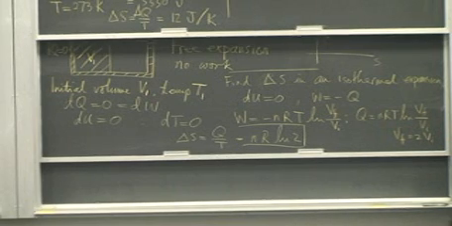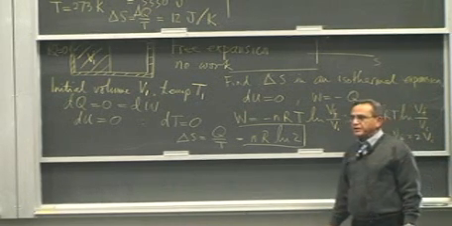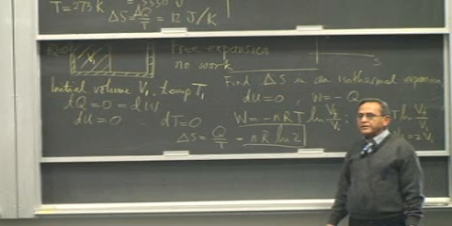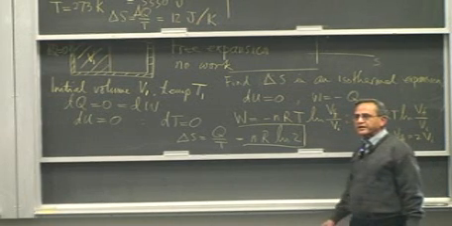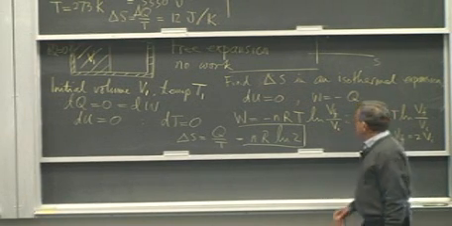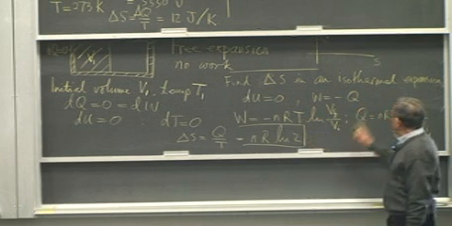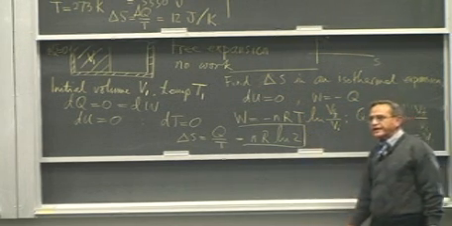This is a very important result. T cancel हो गया ना? T जो था यहाँ पे वो cancel हो गया उस T से, and you are left with only nR times log 2.